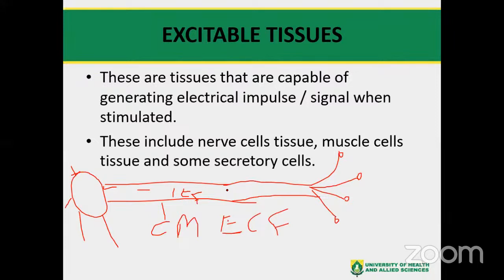If you remember, we said the predominant ion in the intracellular fluid is potassium. Then in the extracellular fluid, the most dominant cation is sodium.